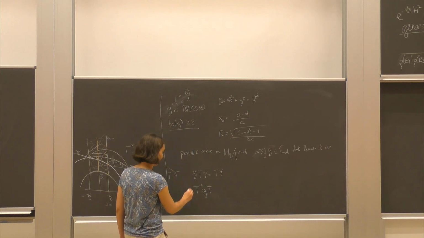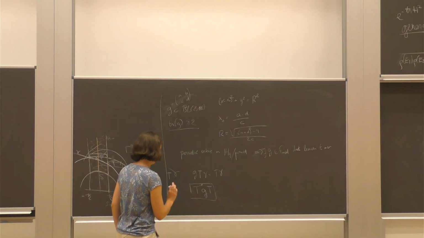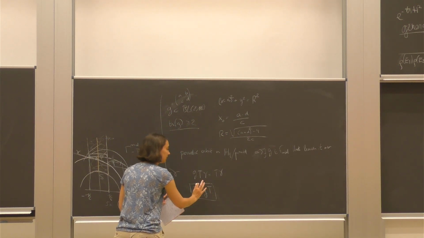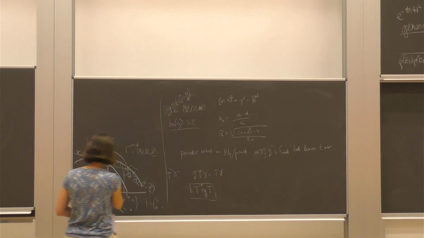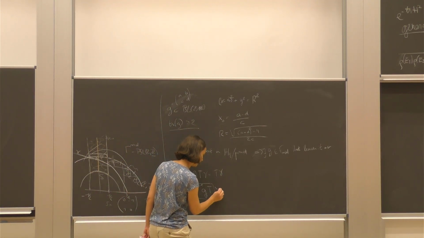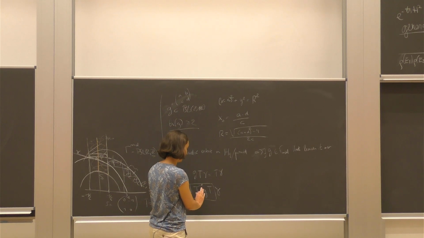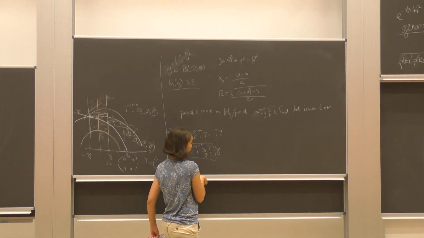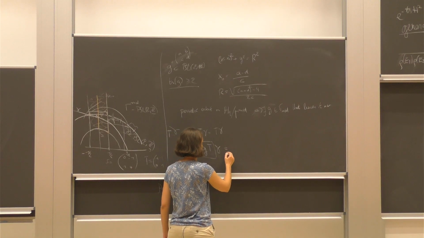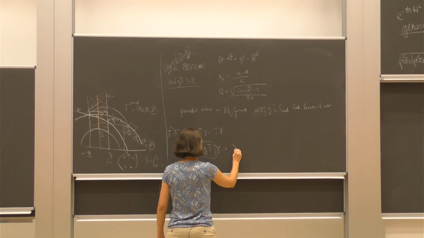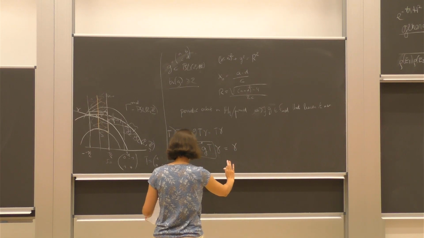Okay, so the claim is that this matrix leaves this geodesic invariant. So we want to check that something like this holds.